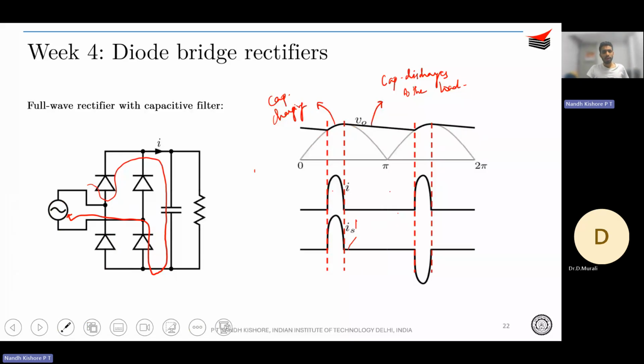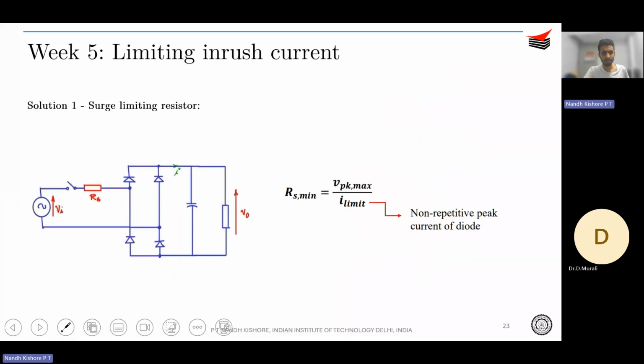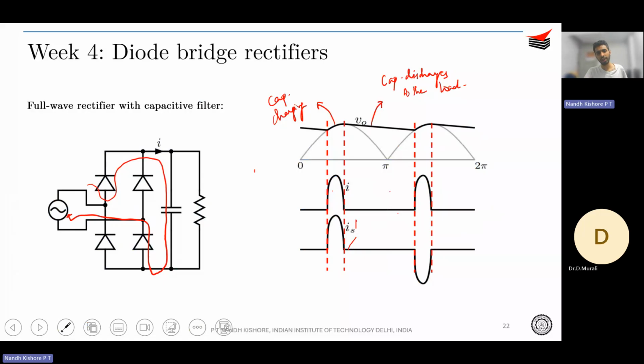This inrush current is something that you don't want. Let's say during starting, the capacitor is totally uncharged and the line voltage is something like this.